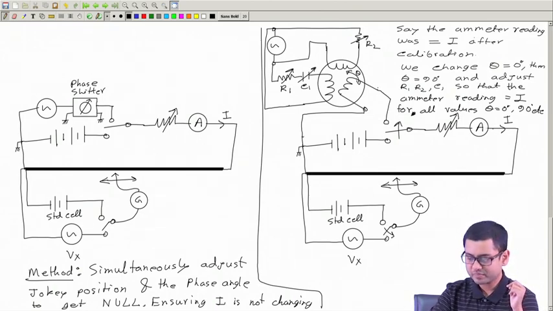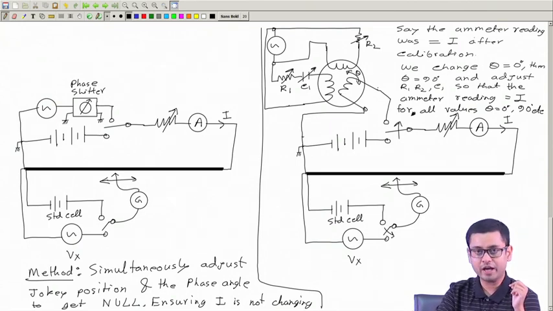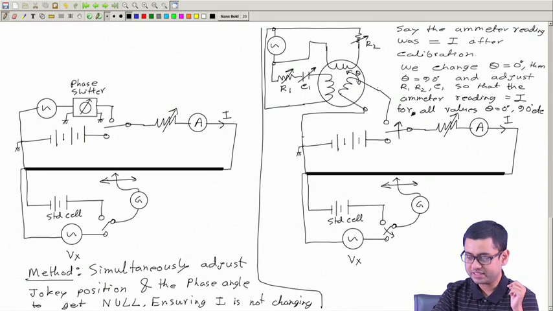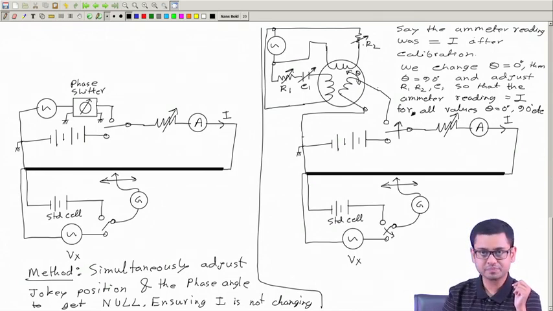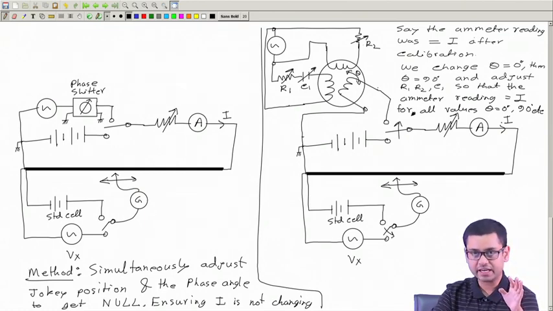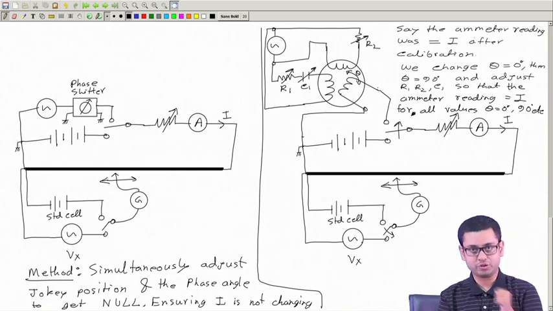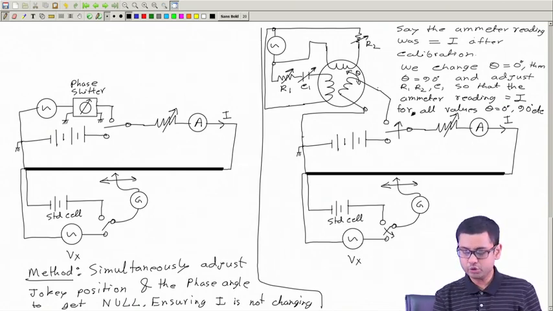We have to maintain that current for all values of theta. So we will check for different values of theta whether this current is constant. If not, we will adjust these values, and when we get this current to be constant for different values of theta, then we can connect the unknown source. So this is how to use the polar potentiometer.